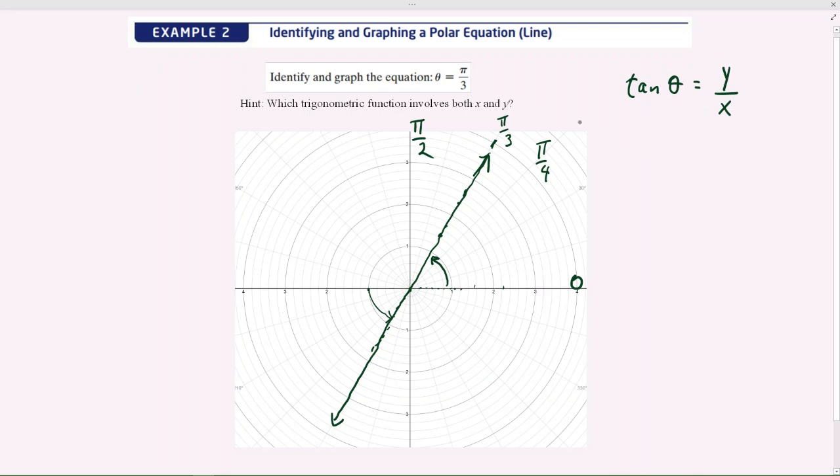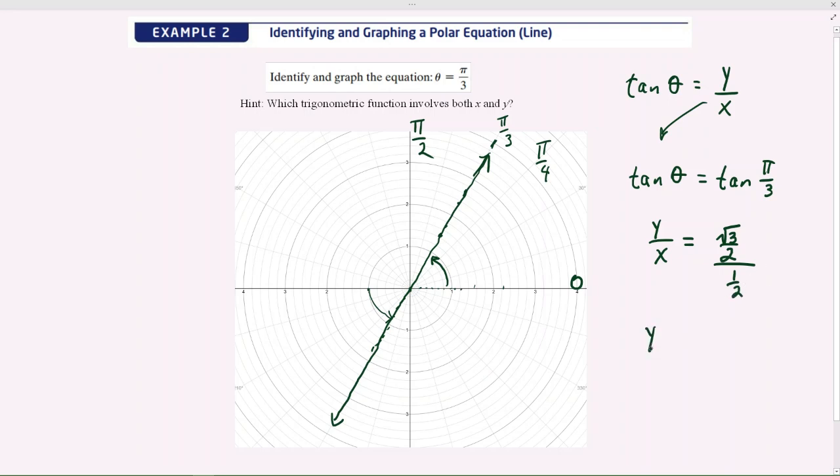And then if we take the tangent on both sides, then I can substitute the left-hand side with y over x, and this is equal to the tangent of pi over 3, which we can just get off of our unit wheel, or if we've got it memorized by now, that means that y over x is going to be equal to the square root of 3 over 2 divided by 1/2.